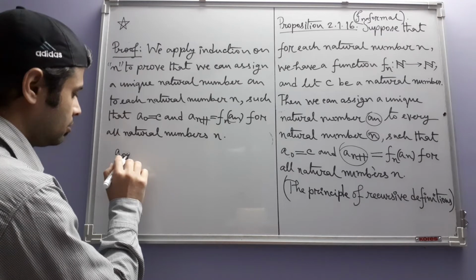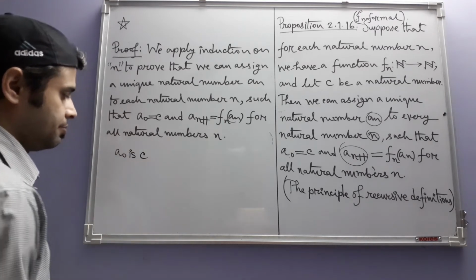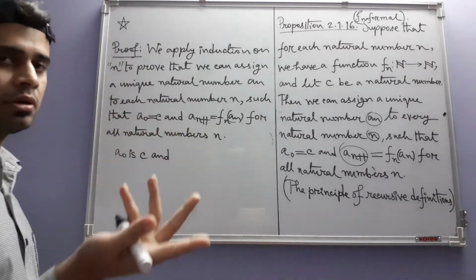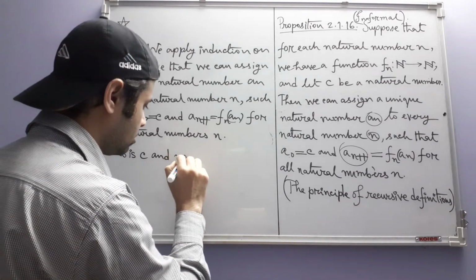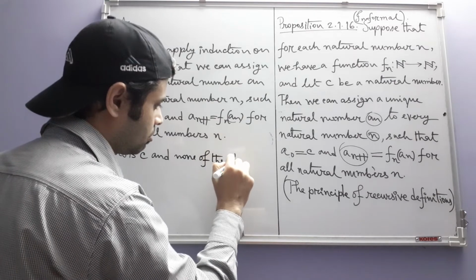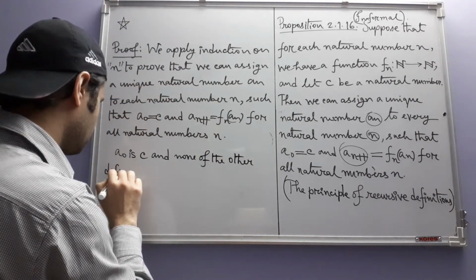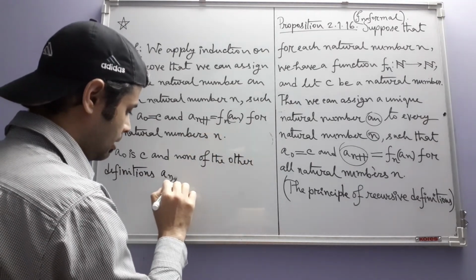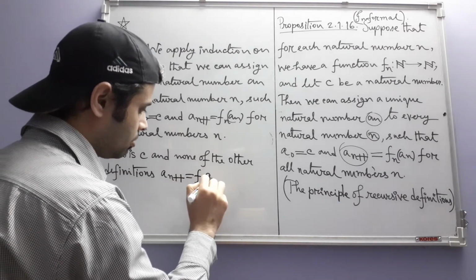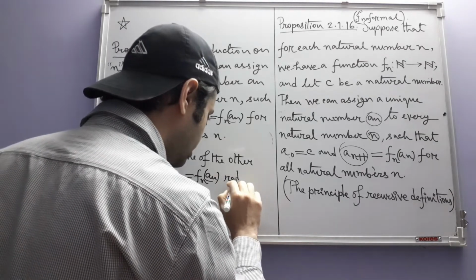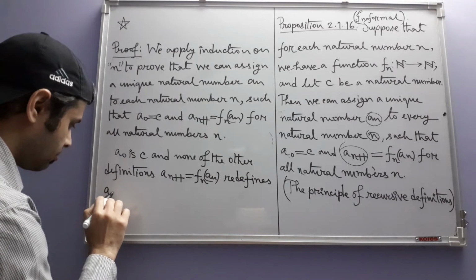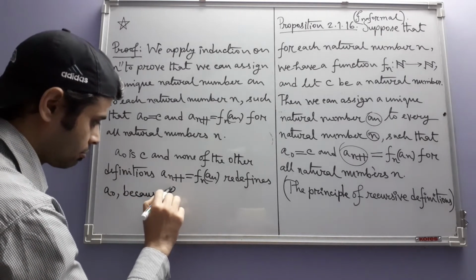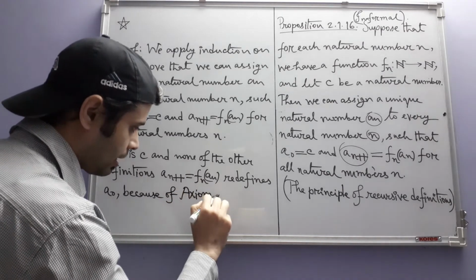A naught is c, and if we want a naught to be c, we will take a naught to be c, and none of the other definitions, these an plus plus equal to fn an, redefines a naught because of axiom 2.3.